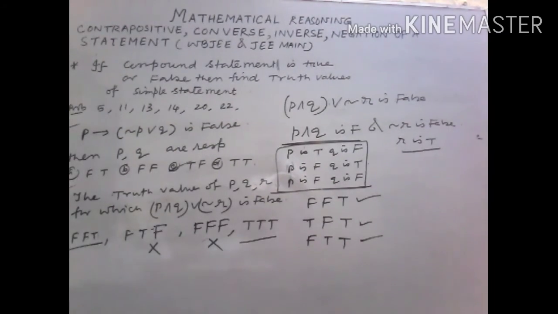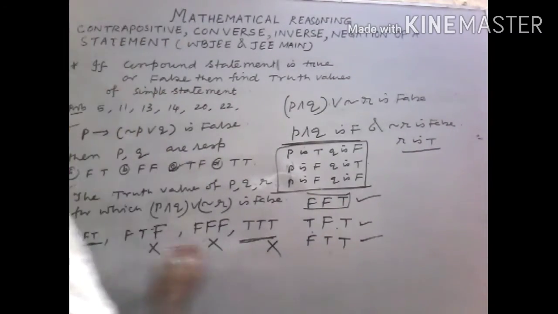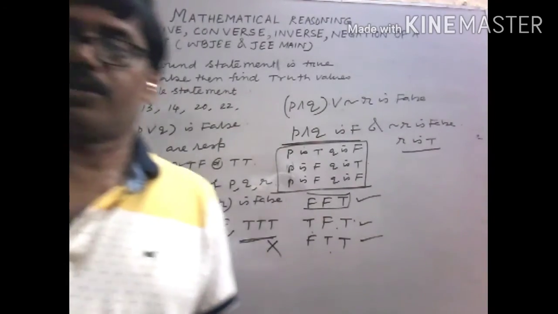These are the three possible options. TTT is not possible. So the only possible option among those given is FFT.